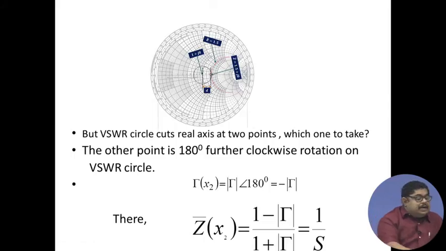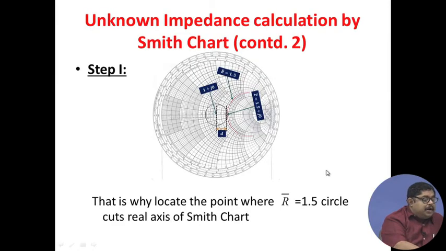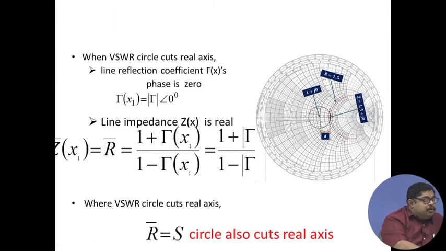What are these 2 points? From this point I need to take a rotation of 180 degree clockwise to reach this point. We know clockwise means towards the generator I am going. Now, previously I knew gamma x1, the first expression of this slide.